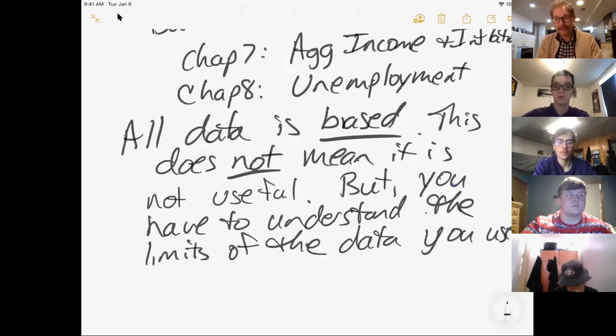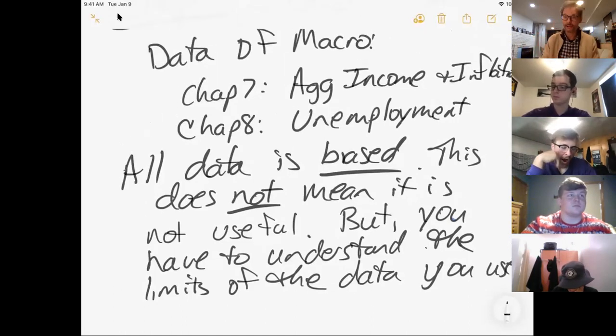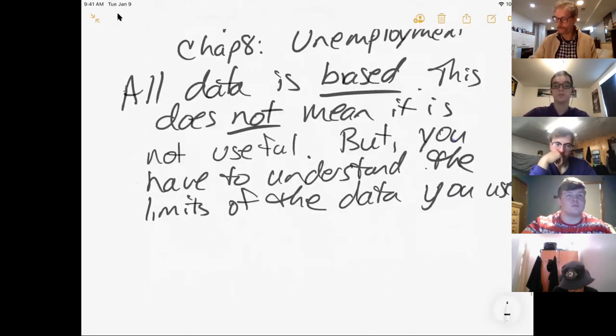That, I think, is crucial. That is the key component to quantitative literacy: understanding your data, its limits, its biases. And so that's what we're going to be doing the next couple of chapters as we talk about how we measure aggregate income, inflation, and unemployment.